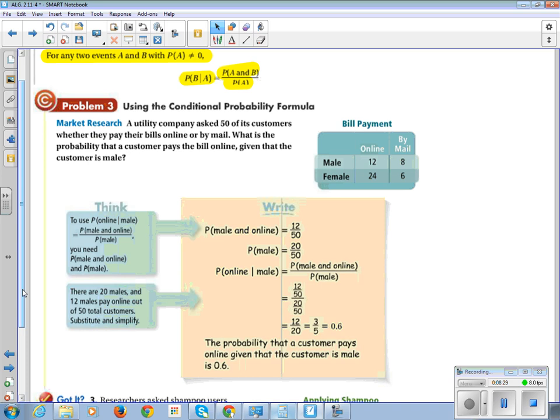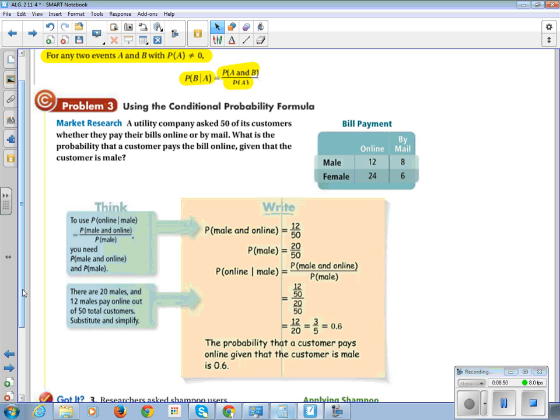If you look, male and online is 12. So the probability of being male and paying online is 12 out of 50. The probability of being male is 20 out of 50, because 12 plus 8 is 20 out of 50 altogether.